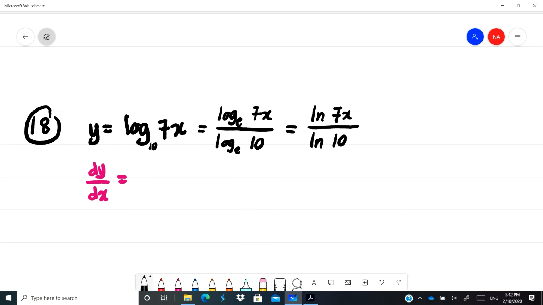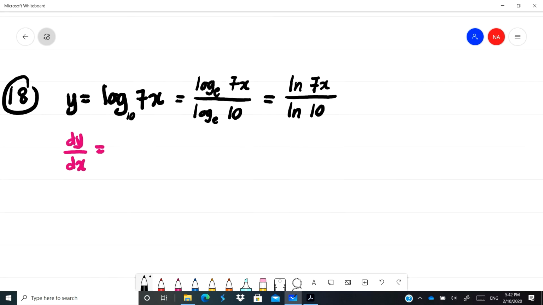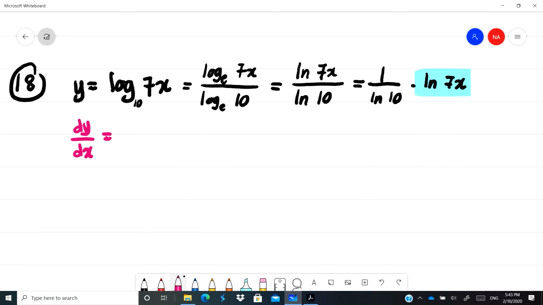Now when you have this, it can be simplified as 1 over ln 10 times ln 7x. The part that needs to be differentiated is only this part. 1 over ln 10 is a constant, which is the coefficient of ln 7x. So you write the 1 over ln 10 first.